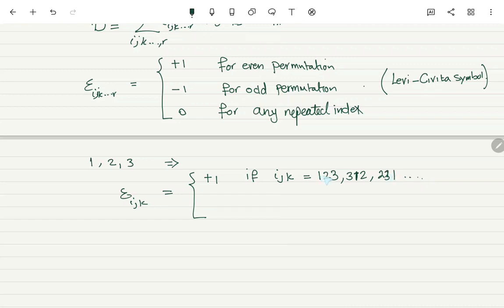So remember, after 1 it's 2, after 2 it's 3, after 3 it's 1. Now -1 if ijk equals 1, 3, 2, and so on. 0 if ijk has a repeated index: 1, 1, 2, 2, 2, 3, 3, 3, 1, and so on.